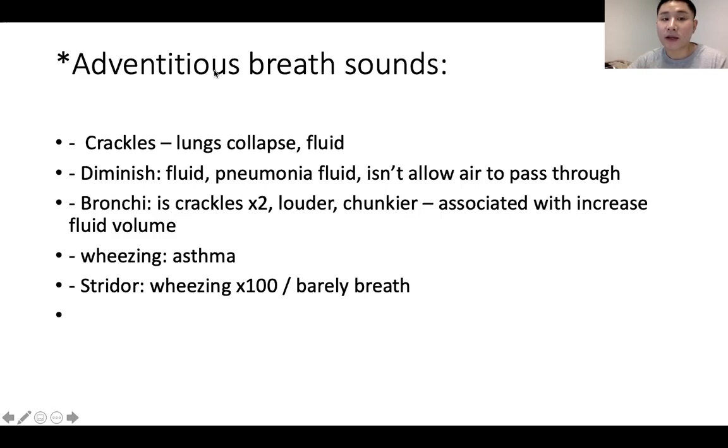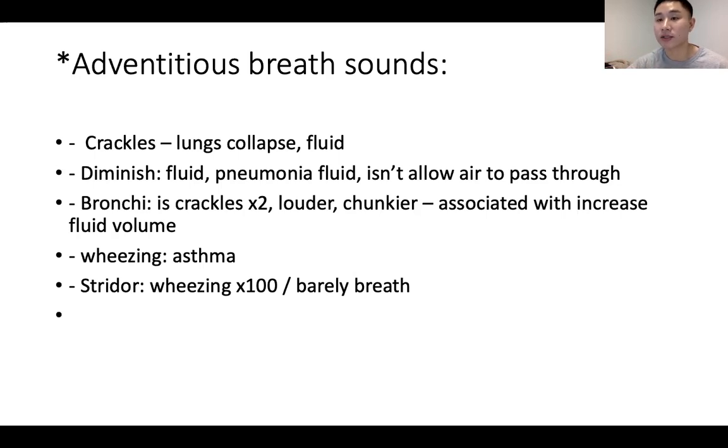Adventitious breath sounds are sounds we hear when we auscultate the patient using the stethoscope, often in patients that have COPD, pneumonia, or fluid in the lung. These are adventitious, meaning bad or adverse.